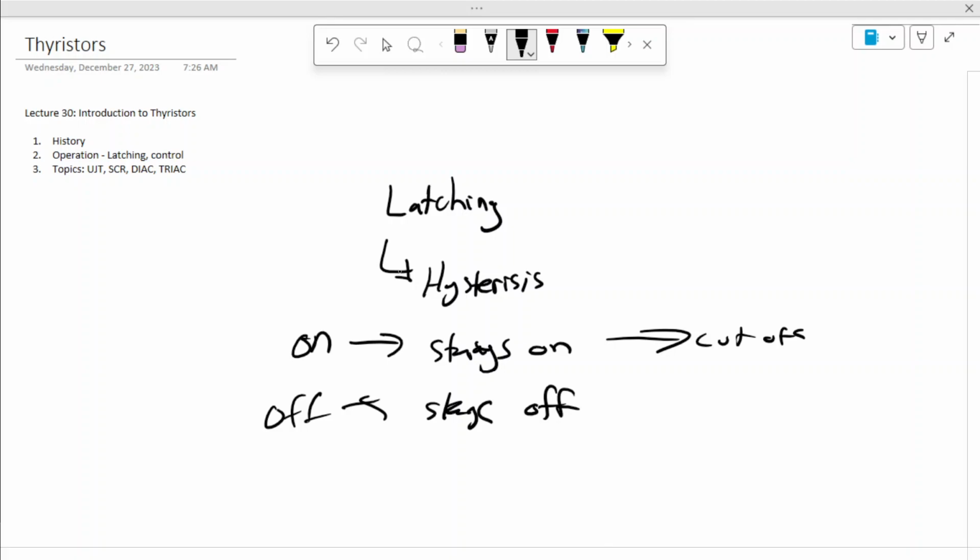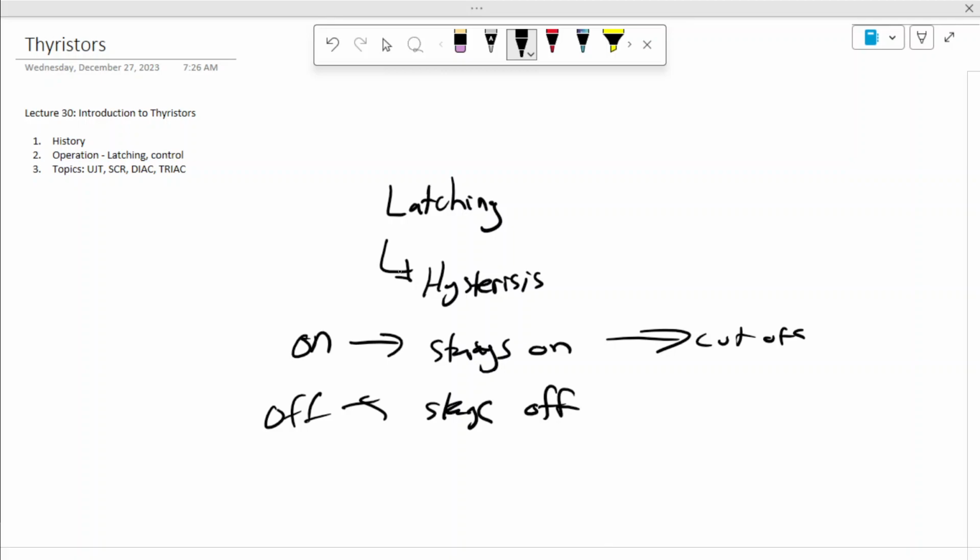With a thyristor, once you engage it, it will stay engaged until a specific condition is met to cause it to shut off again, and then it will stay off until you reactivate it. So that is what we're going to be getting into in this part of the course.